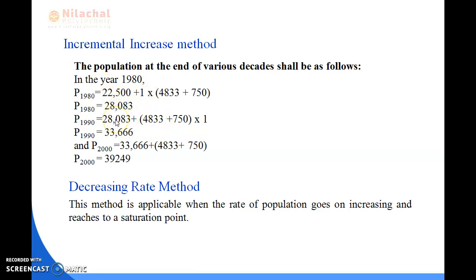In the same formula we apply it for P 1990. Pn equals P plus n into IA plus IC.